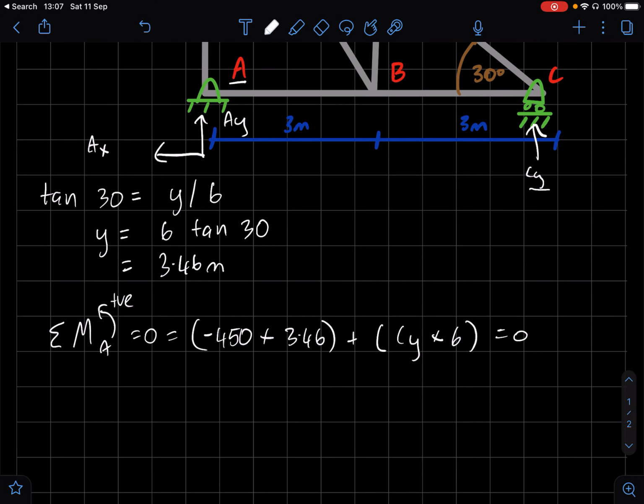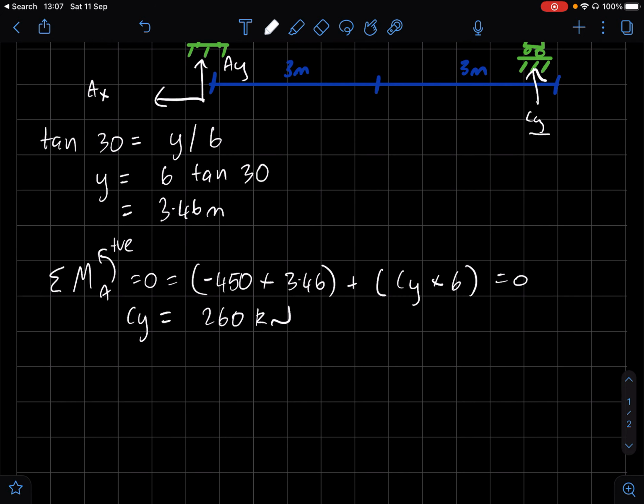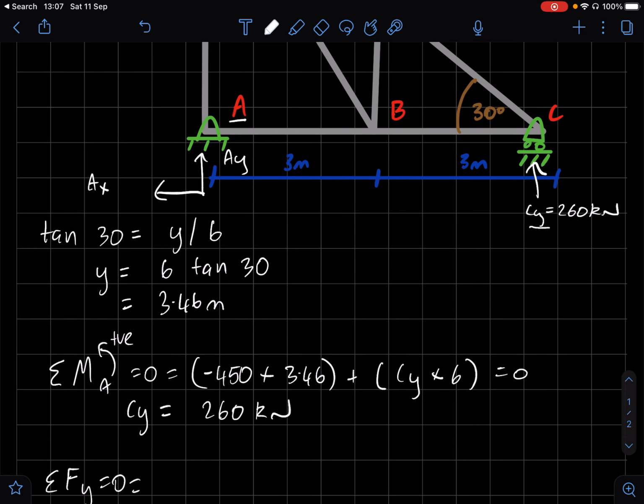So then we have CY. What's CY going to be, guys? Got that as 260 kilonewtons. Okay, so we've solved CY. Let's put that in, 260. So now let's do the sum of the forces in the X. Sorry, let's do the sum of the forces in the Y first, because we just got CY and all we need is AY.